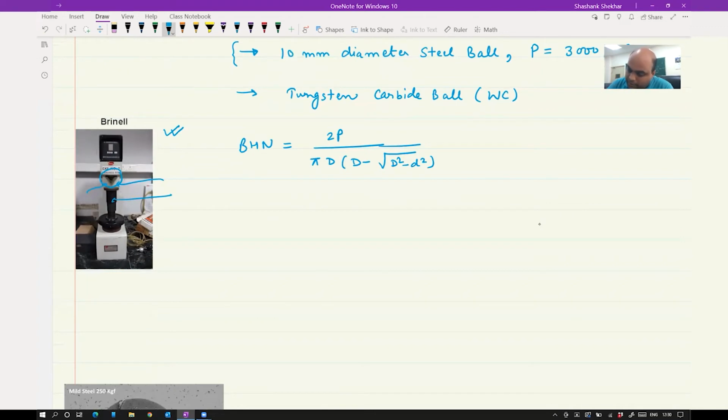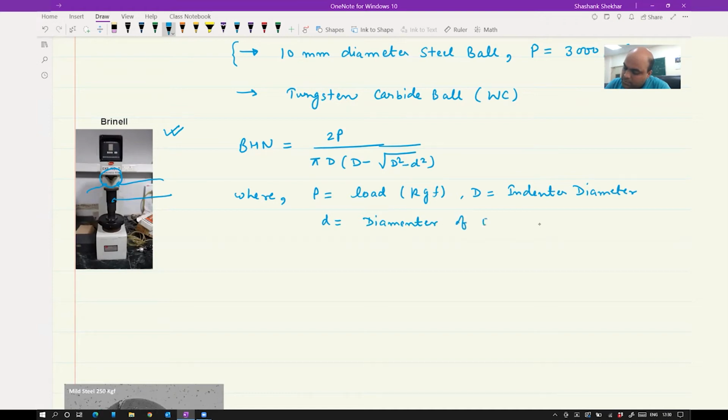Where P is your load in kgf, D is your indenter diameter, so here the ball diameter, which is typically 10 millimeter, and small d is the diameter of the indent impression.